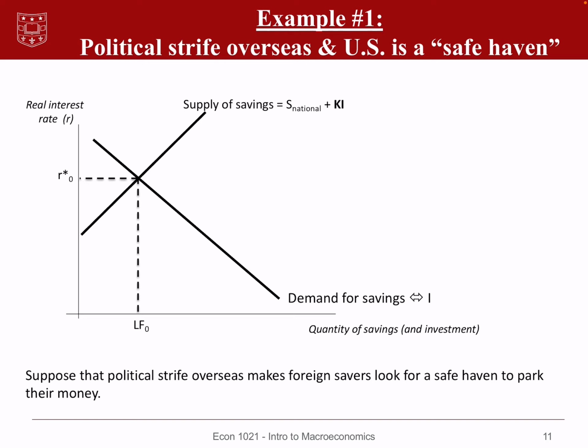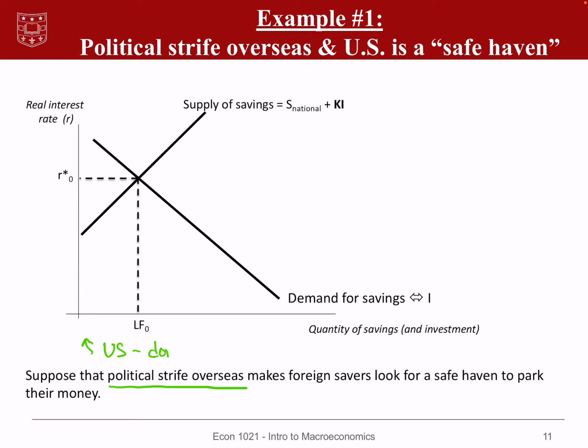So in this first example, we're going to consider three. In our first example, let's suppose that there's political strife overseas that makes foreign savers look for a safe haven. So the way to interpret this, of course, would be that the domestic economy, let's suppose the US is the domestic economy. So this picture is for the US.